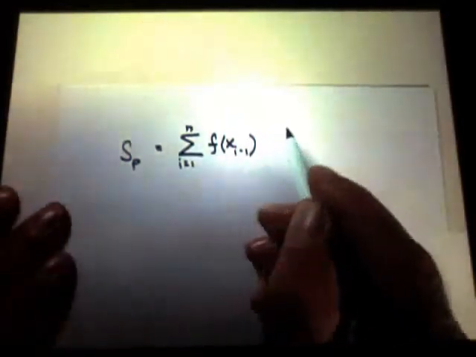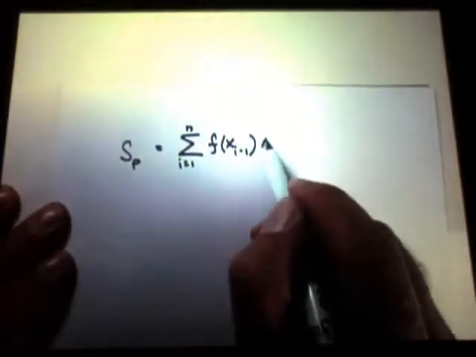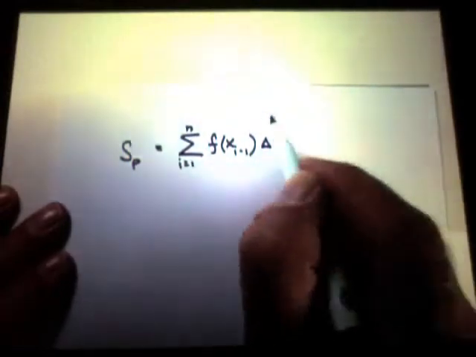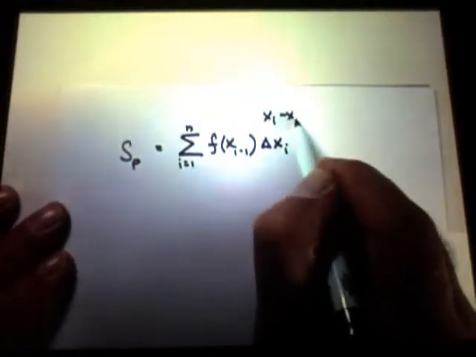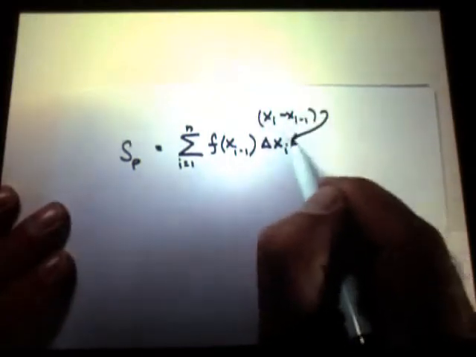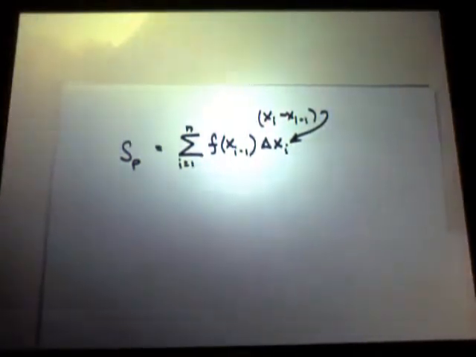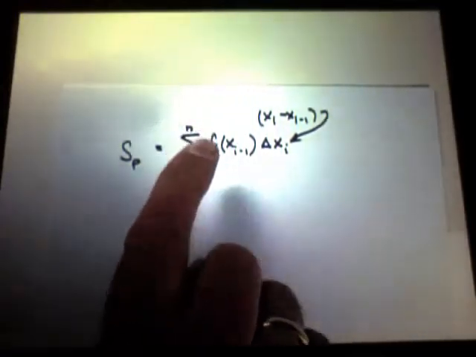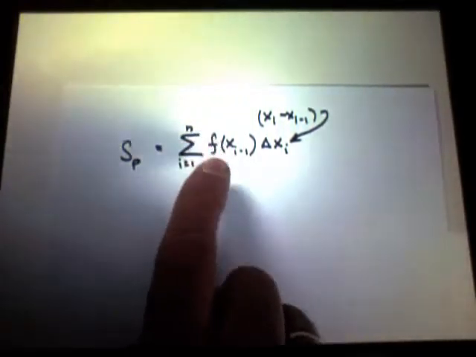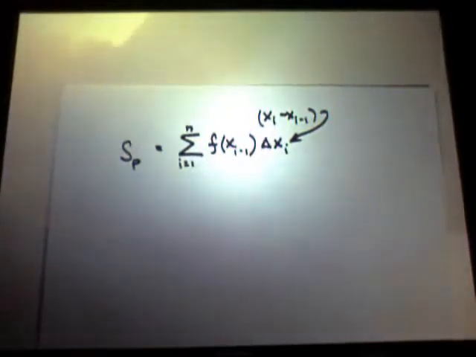Then times delta x_i, which is what? x_i minus x_i minus 1. Of course, the partition P means we have picked n minus 1 points interior to [a,b]. Add a and b to the partition, and that gives you n plus 1 partition points.